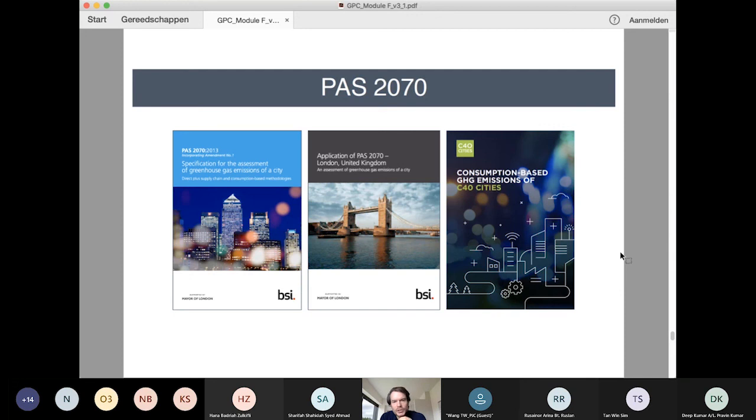The better report is called Application of PAS 2070 to London, which is a case study applying PAS 2070 to the City of London, and it really looks at what all their emissions are, both from a GPC perspective, but also from a consumption perspective. And actually, they conclude that for London, their GPC emissions are around 45 million tons of CO2 per year.